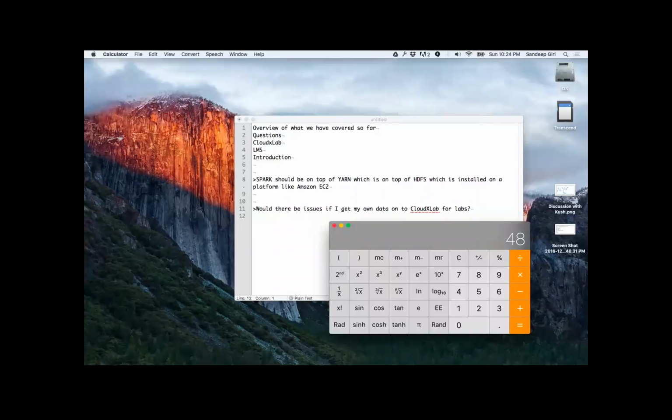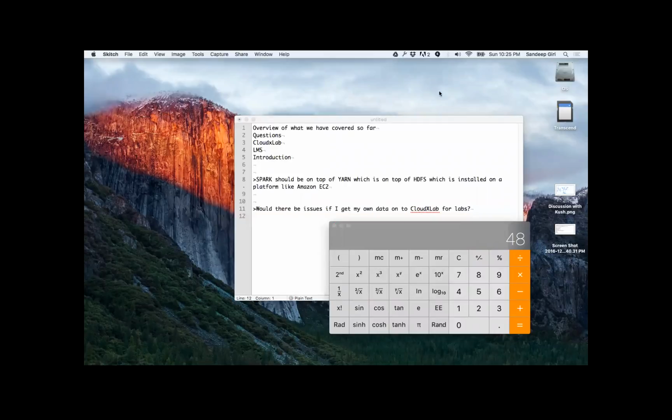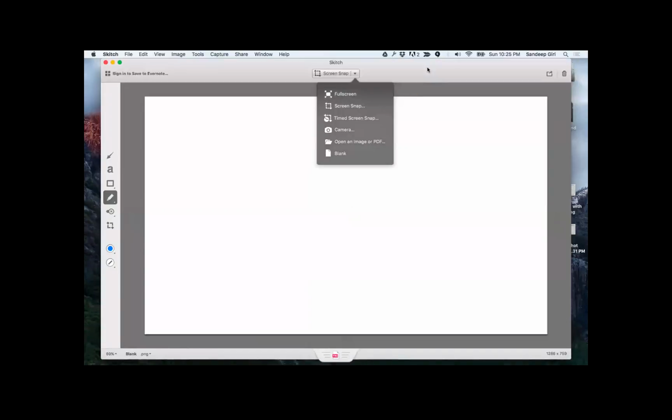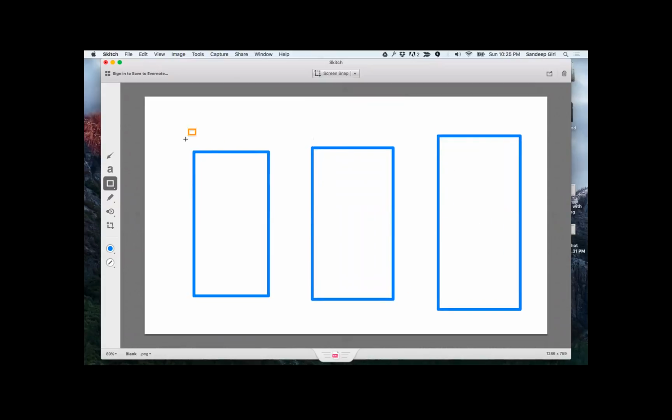Let me see if I could demonstrate to you. In a typical data center architecture, you have racks. These are like almirahs, and in these almirahs, you keep your machines. Generally they are of the same size.